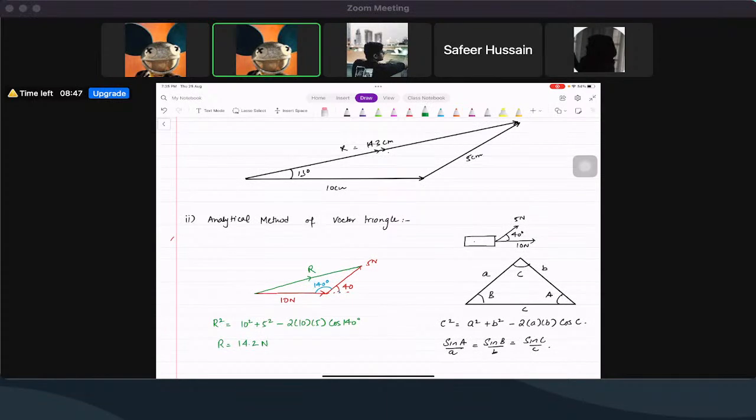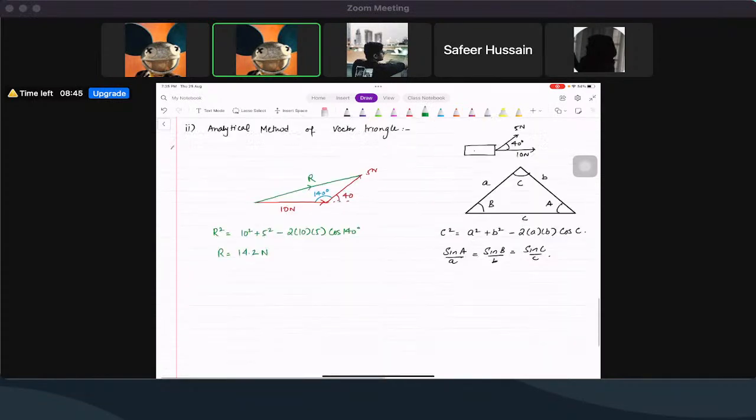Okay, now to find this angle that we are looking for, we need to use the sine rule. Because this was 5 newtons, we want to find the angle opposite of it. So sine theta over 5 will be equal to sine of 140 divided by r, which we just found to be 14.2.